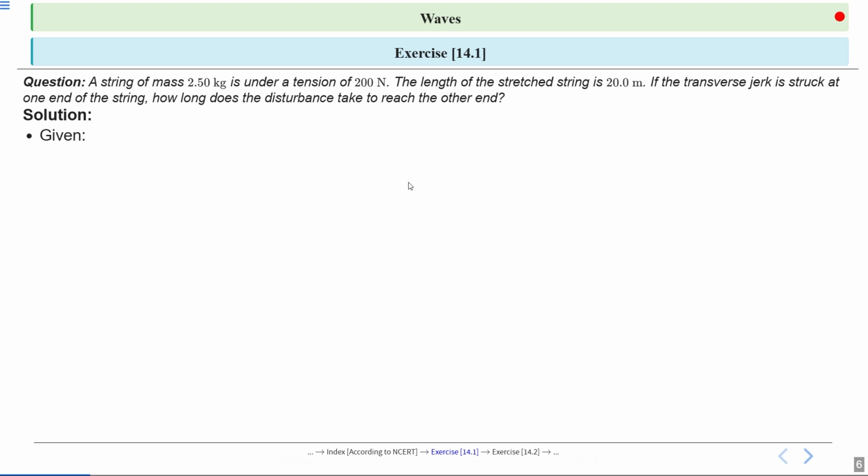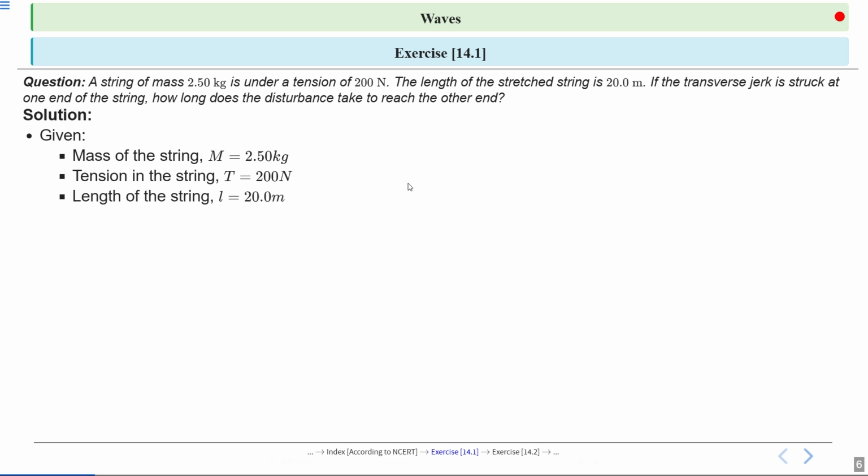The given information: mass of the string m equal to 2.50 kg, tension in the string T equal to 200 Newton, length of the string 20.0 meter.